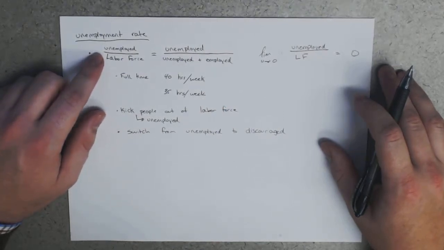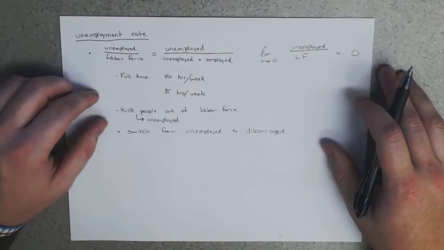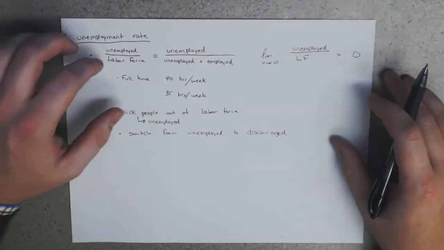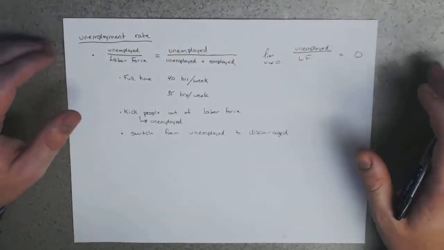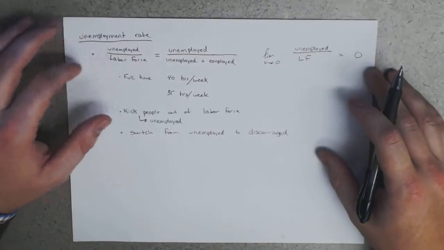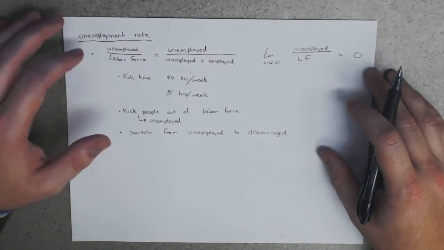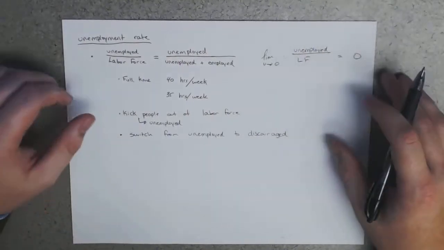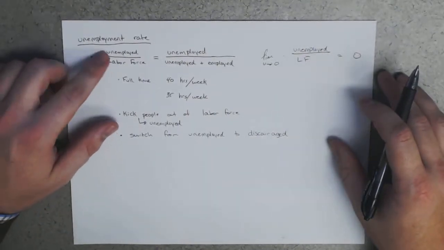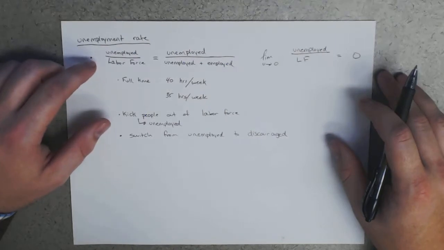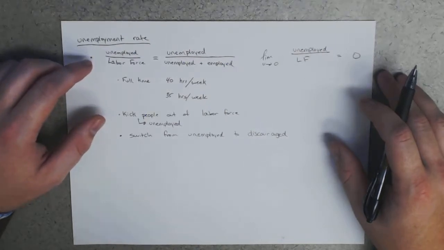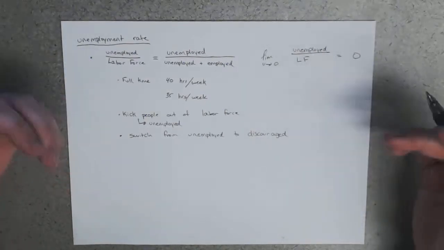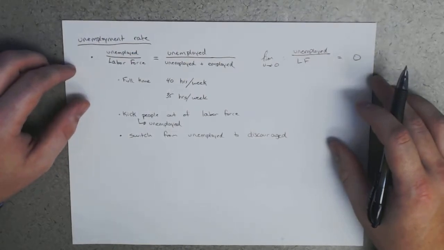There are lots of things going on underneath it that go into calculating this number, and all of those things can be very easily manipulated, and you can get unemployment rates that will be the same, but they'll mean very different things. An unemployment rate of 8% might be a very good thing if people are quitting their jobs because they are finding better jobs.